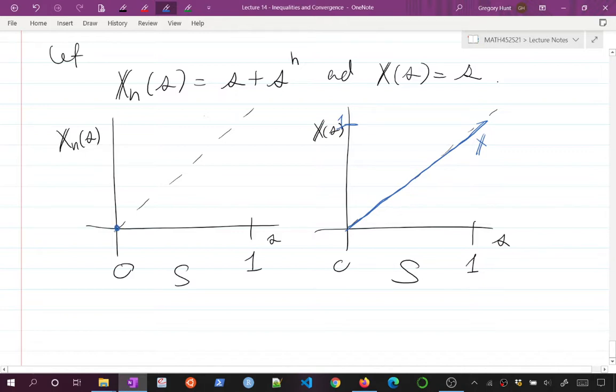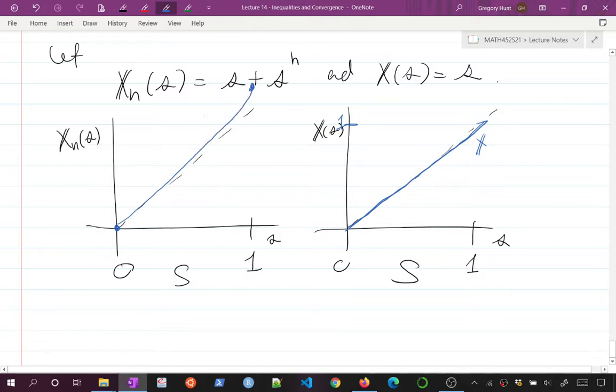At 1, it's 2, right? So it's going to somehow hit up here. That's somehow 2. And then it's always going to lie above this line, so it probably looks something like that.